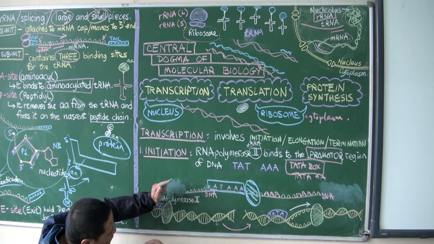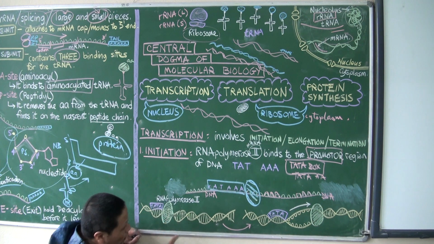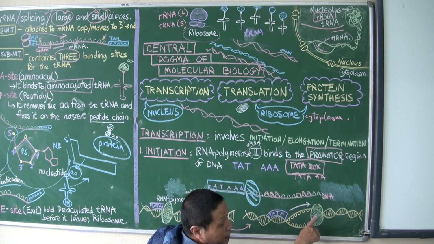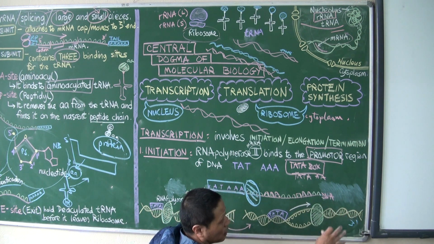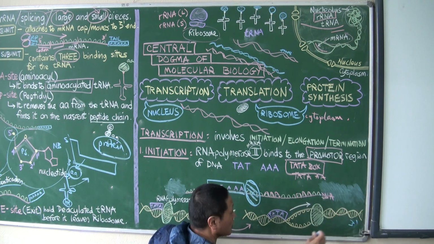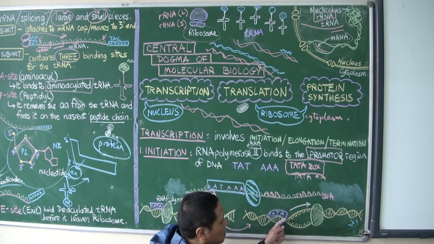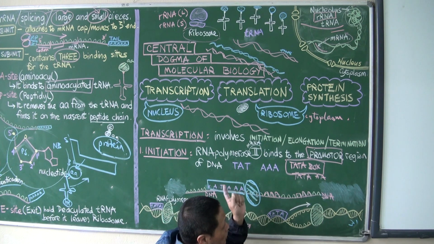Then it begins to split up the DNA by removing the hydrogen bonds between the strands. So this is what happens. TATA box, and then the RNA polymerase has moved towards the 3' end, towards the opposite end. It's moving towards the right side, and it has already opened up the DNA. So now the DNA can be copied.